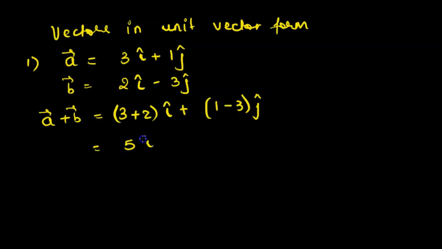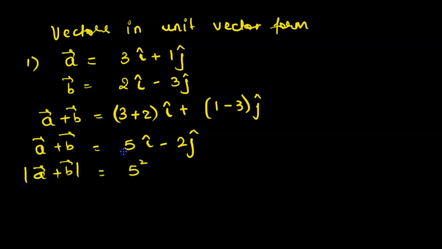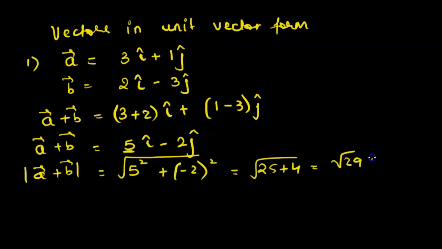That gives us 5i minus 2j, which is the sum of vectors A and B. For the magnitude of this sum, we take the square of the x value and the square of the y value and square root their sum. So we get square root 29 units.